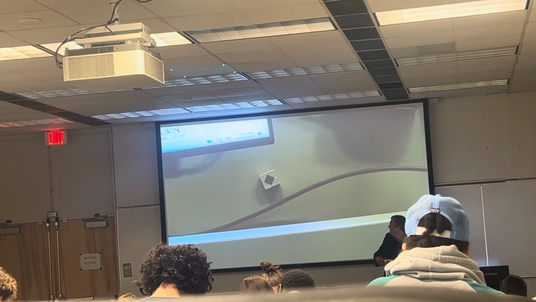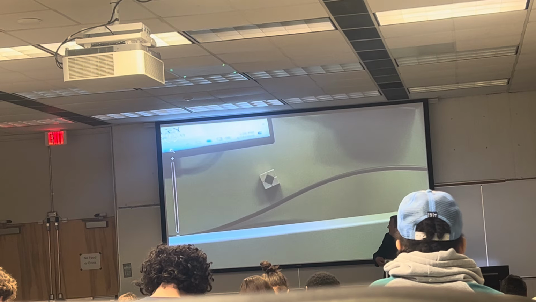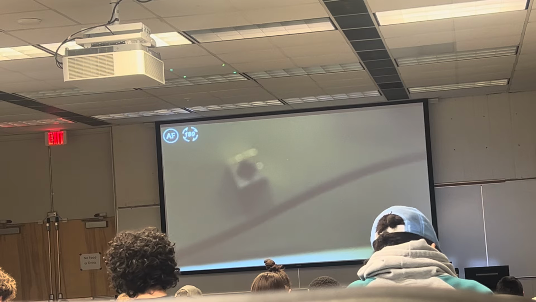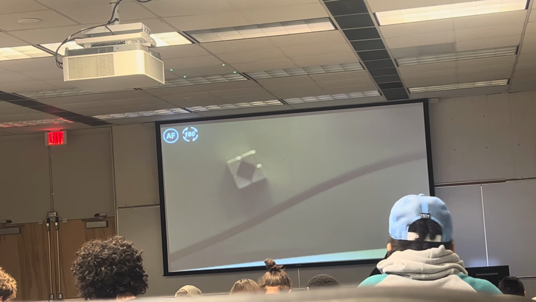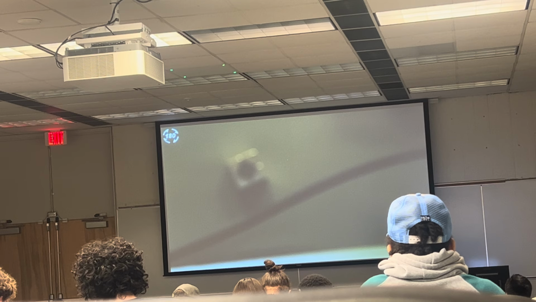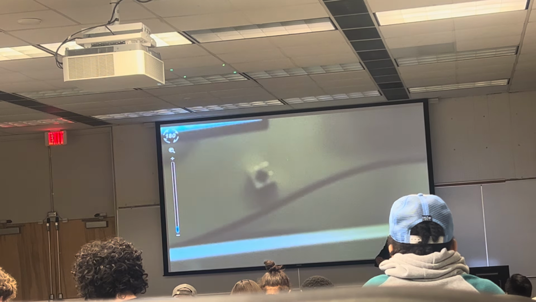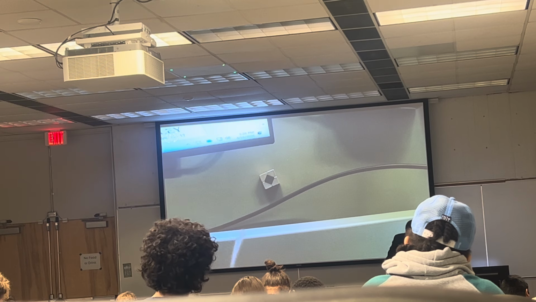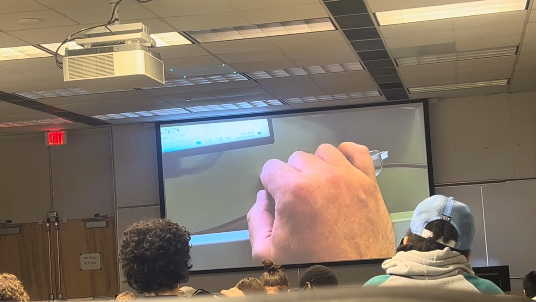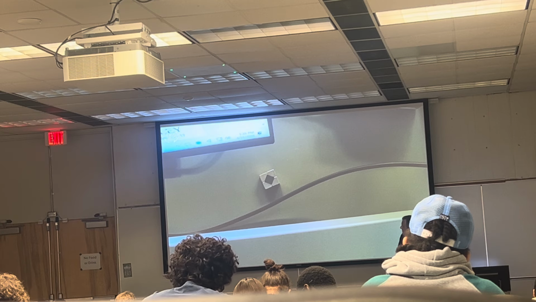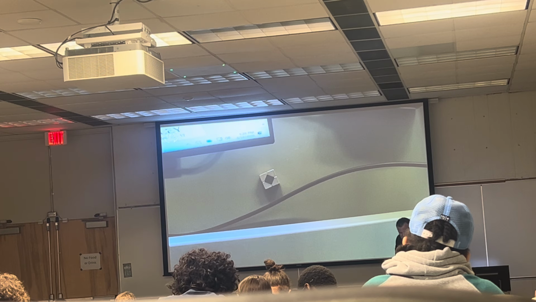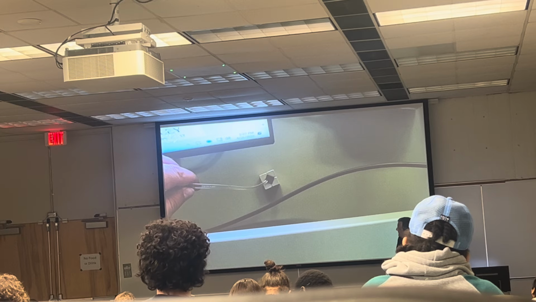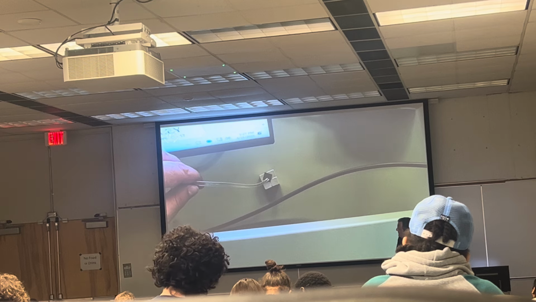Okay. So what you see here, we don't see, is our 4 magnets. And this thing is levitating. It's levitating. It's pyrolytic graphite. You see that?